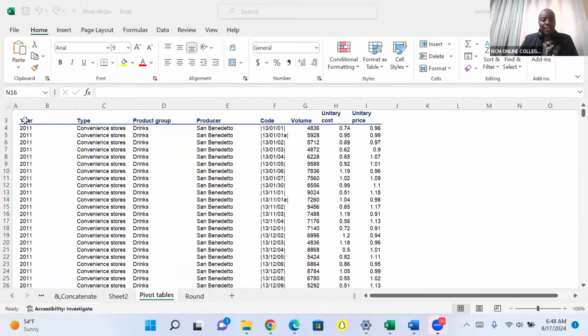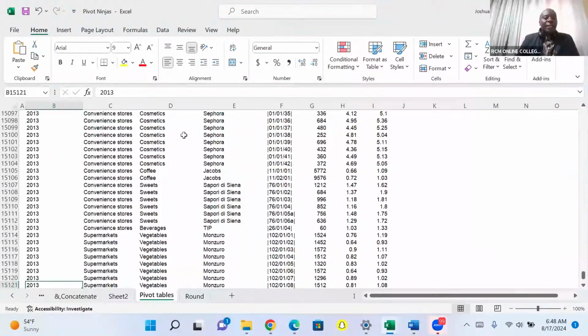I'll be able to move you from very basic to advanced Excel within 2 weeks, and you will be experts. For example, if I click here and say control down arrow, you'll see this has 15,121 rows, with lots of nothing. If I go back home here, you can't even understand what this is. Price, etc. This is what we call big data.